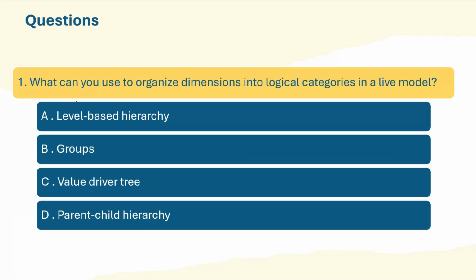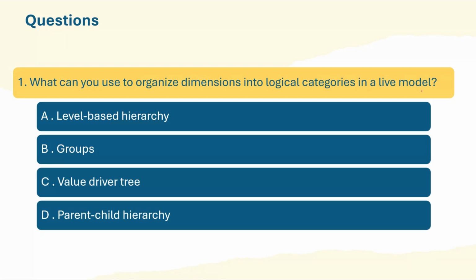So our first question was, what can you use to organize dimensions into logical categories in a live model? This is useful when you have a big list of dimensions in a live model and you want to organize them together so that when you create your stories, it won't be difficult for you to find a dimension.